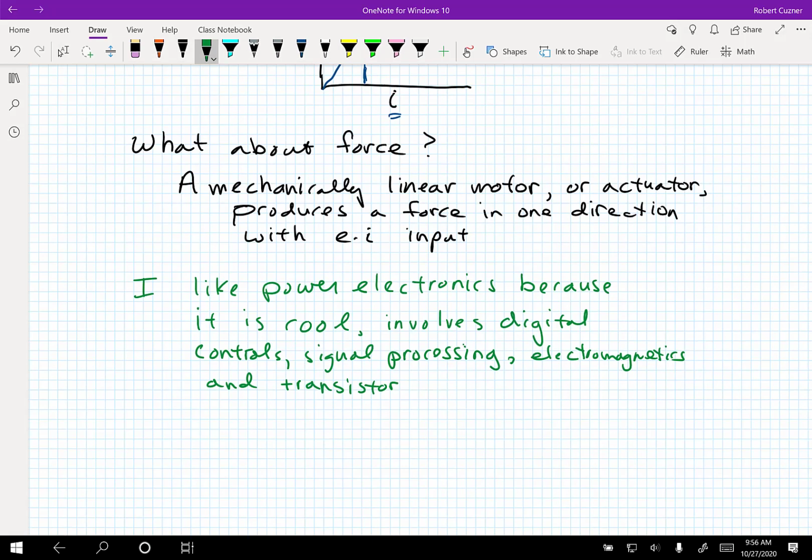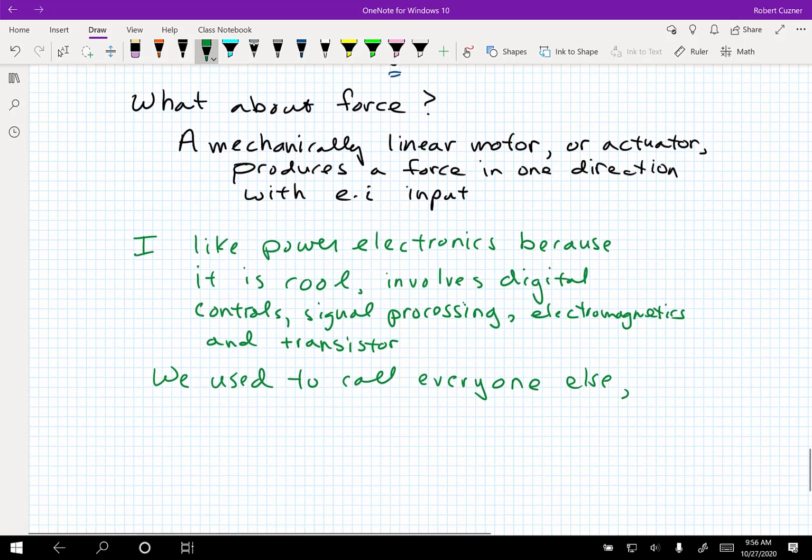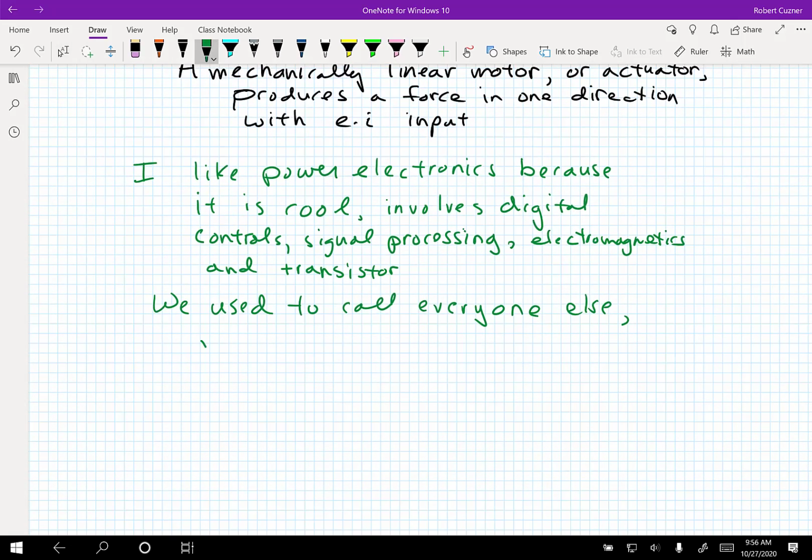But we used to call everything else us power electronics people. This is when I used to work at Eaton, clunkatronics. Okay. So anything that goes clunk is clunkatronics.